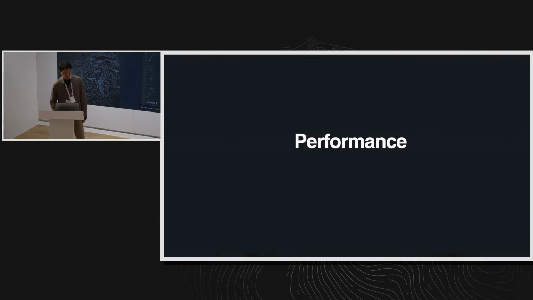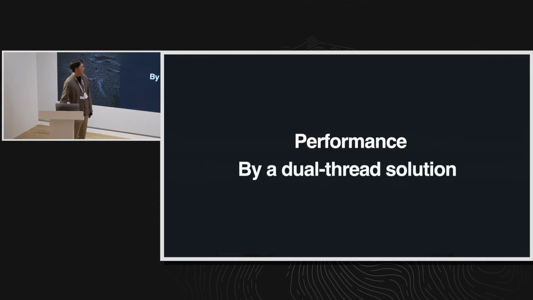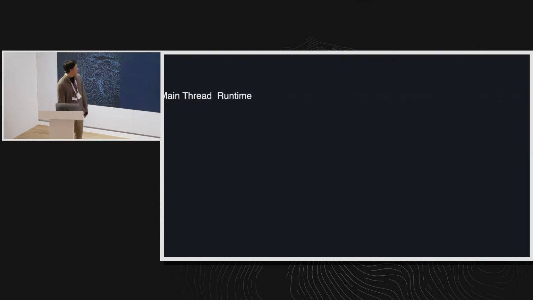And then there's performance. Lynx has a unique dual-thread solution to solve the performance problems of front-end. Instead of having only one single JavaScript runtime, Lynx actually has two different runtimes running on two different threads. The first one is the main thread runtime, which runs on the system UI thread.